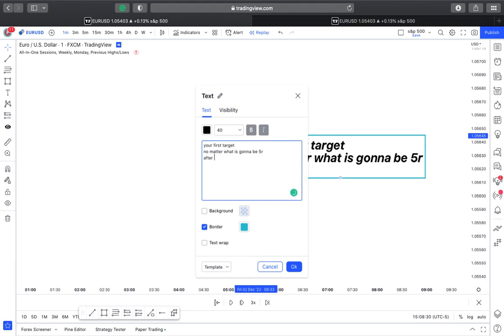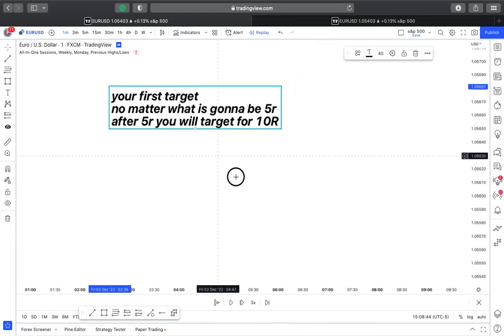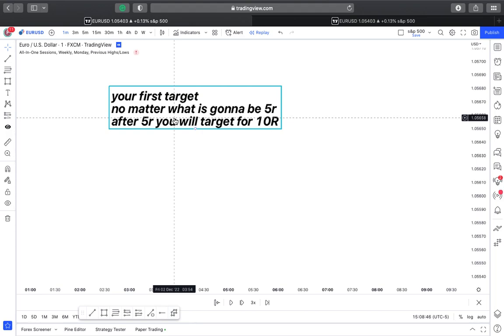After like 5R, you will target for 10R. Okay, so you can take a screenshot of this and take notes for this. 5R is your first target, and now it totally depends on you if you take 50% of the trade or 70% of the trade.